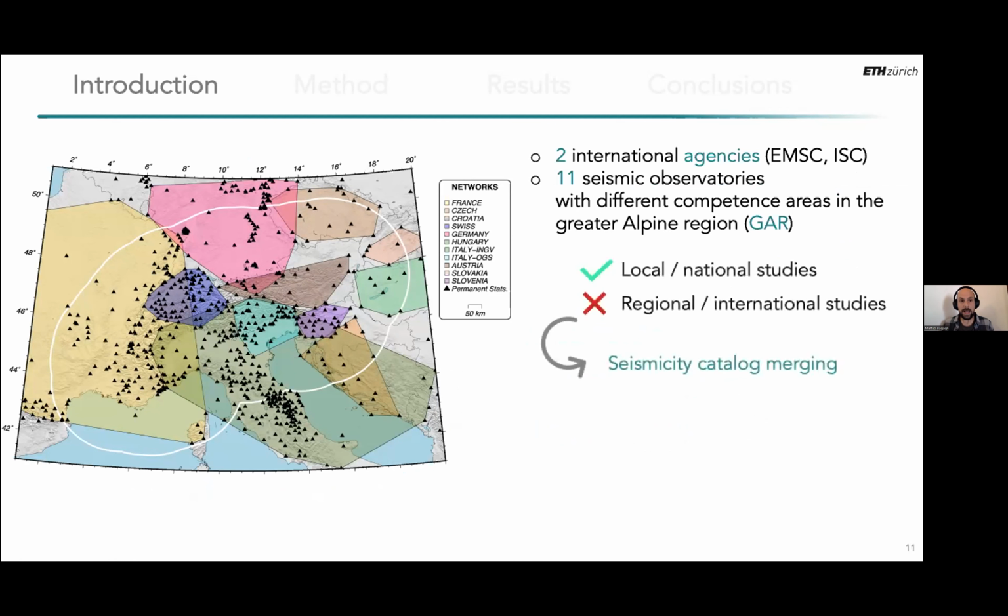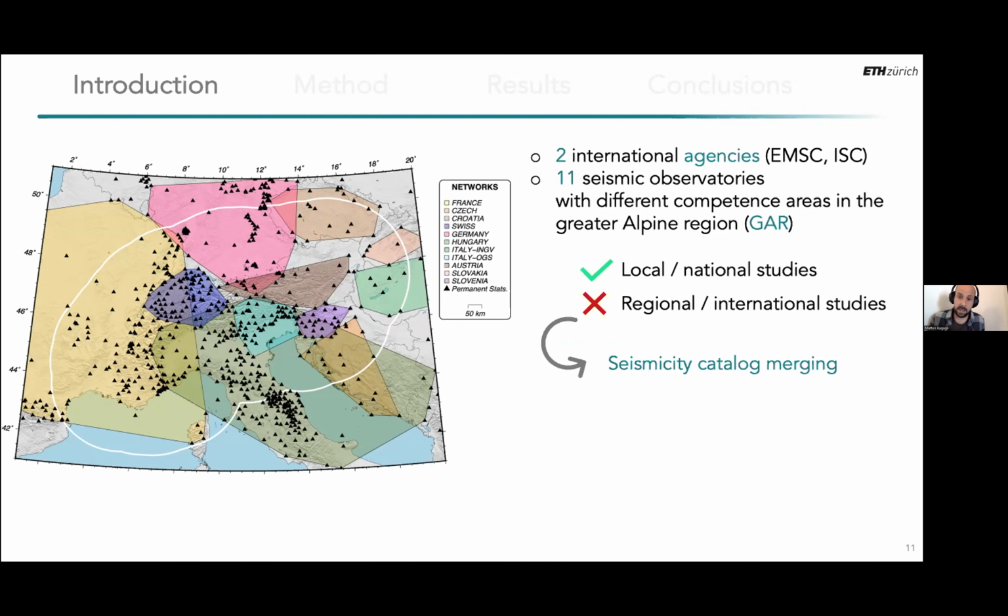So while these periodic bulletins provided by the national observatories are perfect for local and national studies, sometimes it can be cumbersome to effectively merge them for regional or international studies.